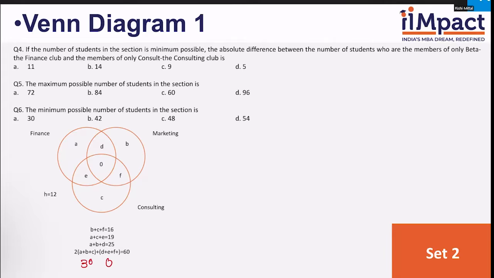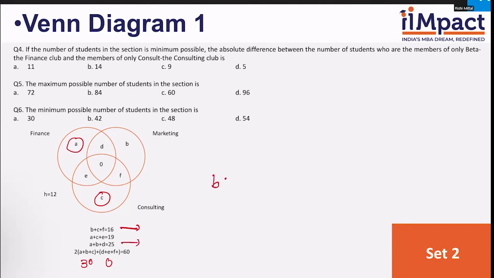The absolute difference between the number of students who are members of only beta finance, which is A, and consulting, which is C. So I want mod of A minus C, correct? Absolutely. So can I just take these two equations, first and third?